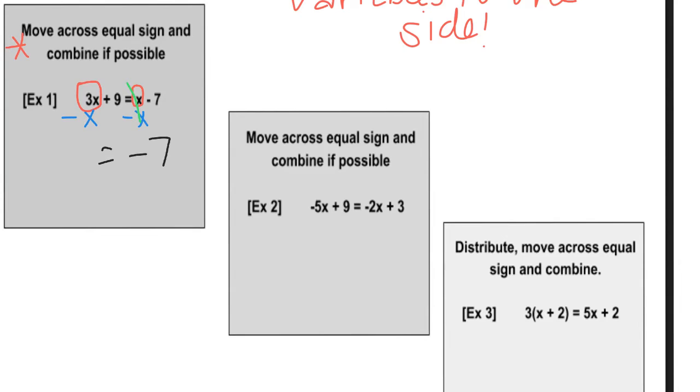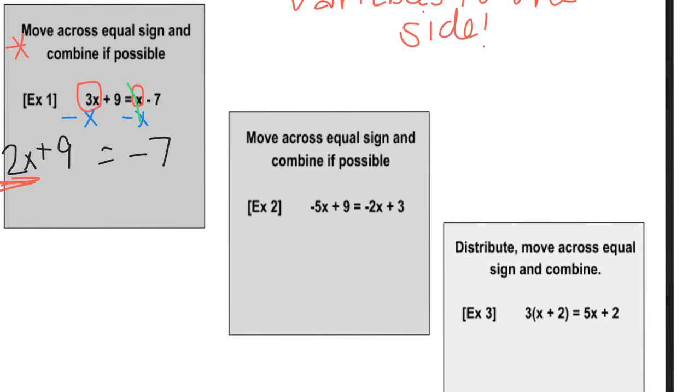So 3 minus 1 is 2x, and then that plus 9 is still there. Now we have all of the x's on the left-hand side, so we have moved the variables across the equal sign. There was nothing that we could combine because 2x and 9 are not like terms. So we have successfully answered the problem.